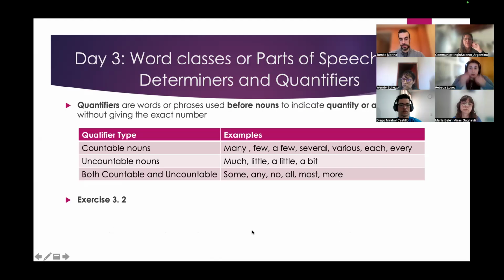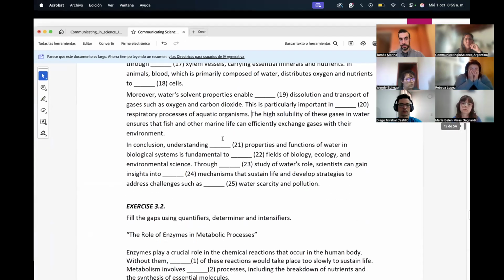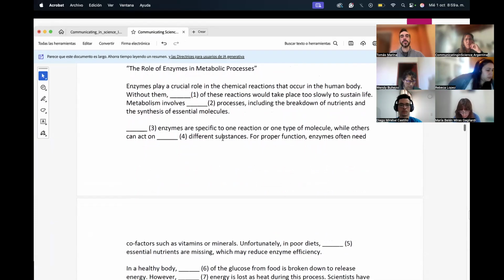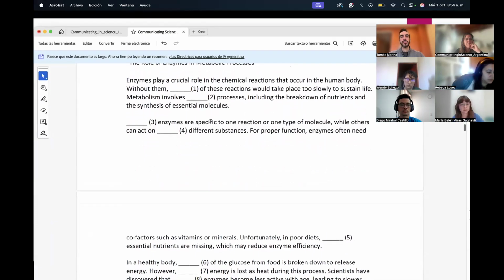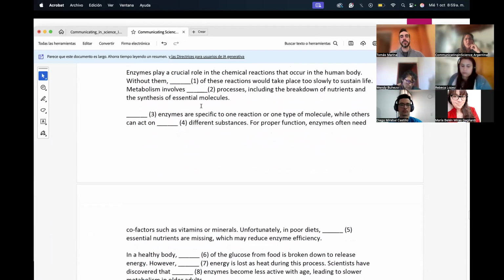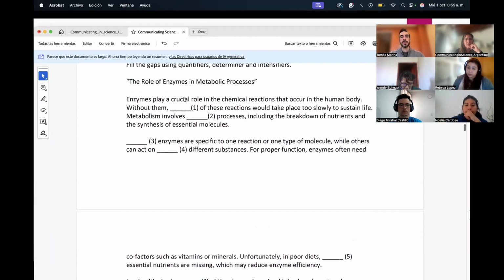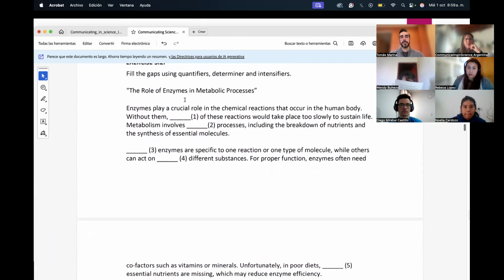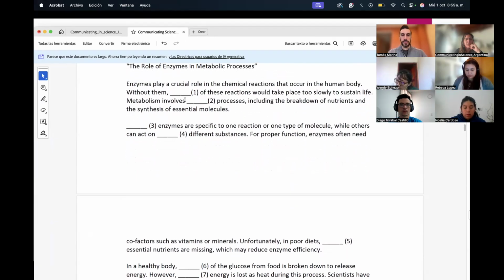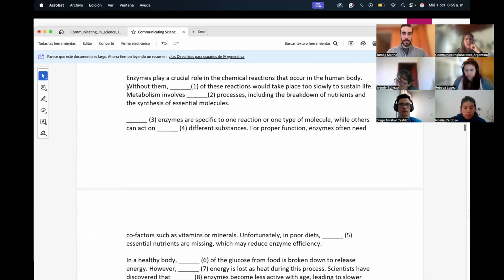Let's go to exercise 3.2. I will read it out loud and we will try to complete it, because here you have a great diversity of things that you can use.